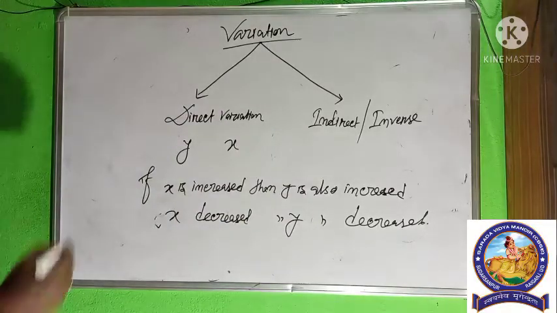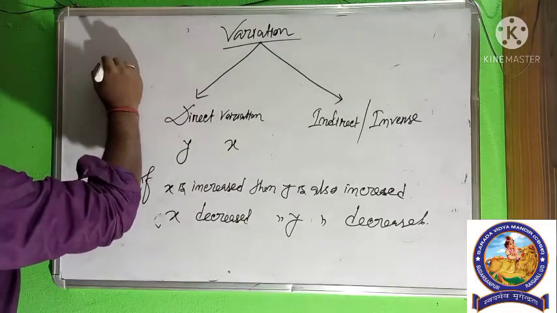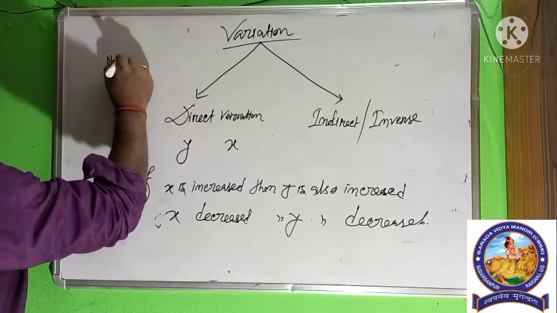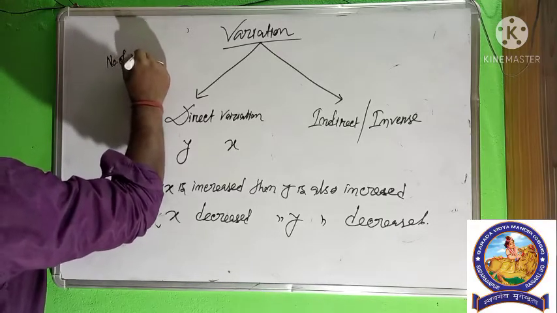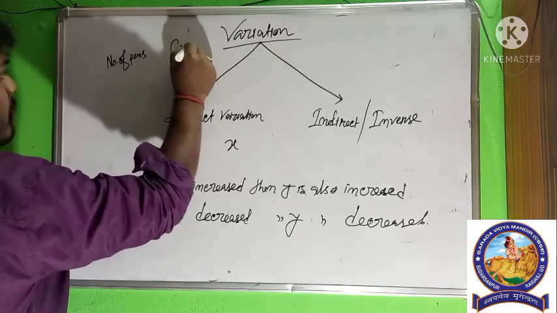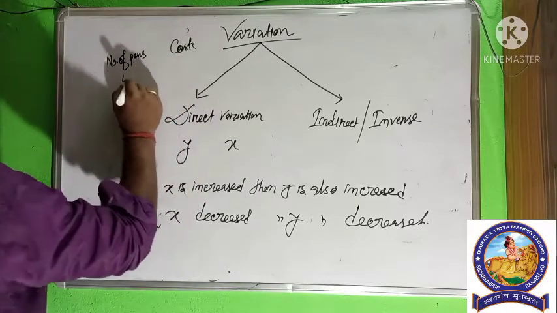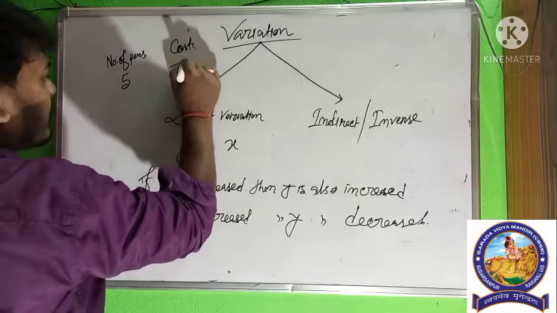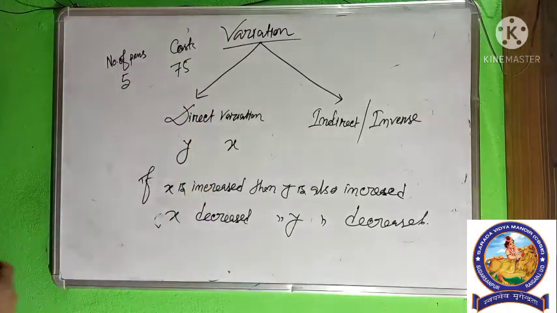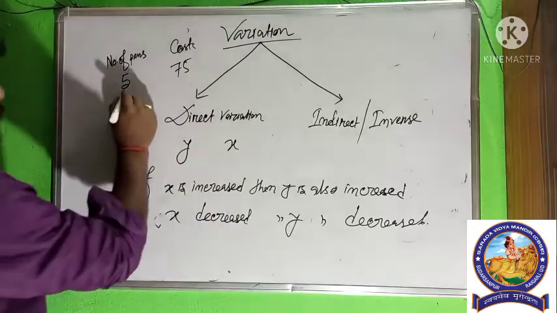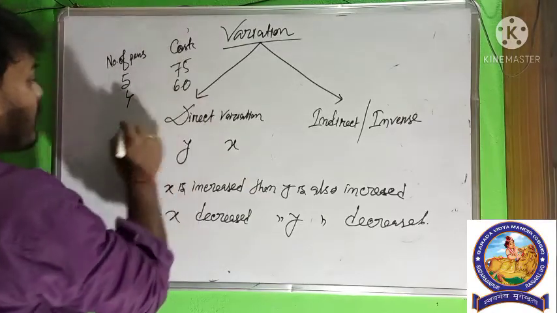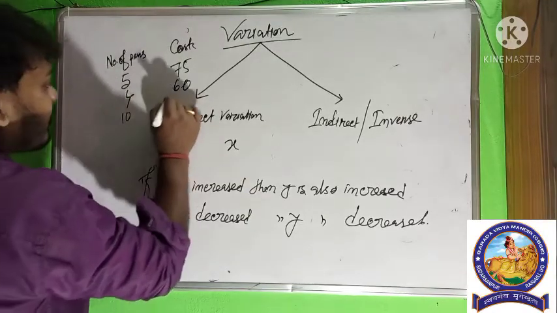So for example, number of pens and cost. The cost of 5 pens is 75 rupees. That means the cost of one pen is 15 rupees. The cost of 4 pens is 60 rupees. The cost of 10 pens is 150 rupees.